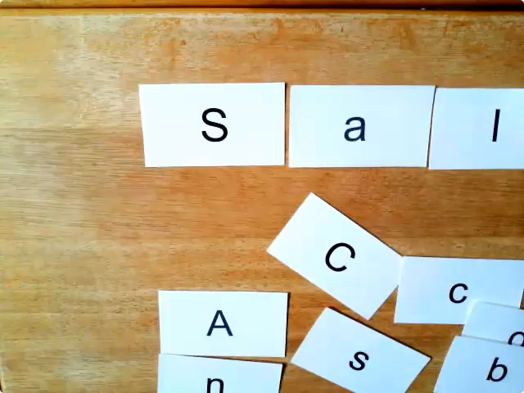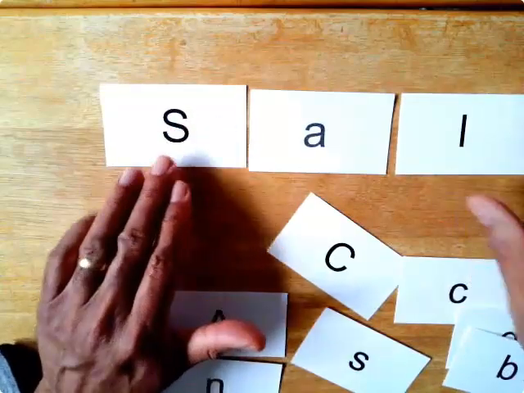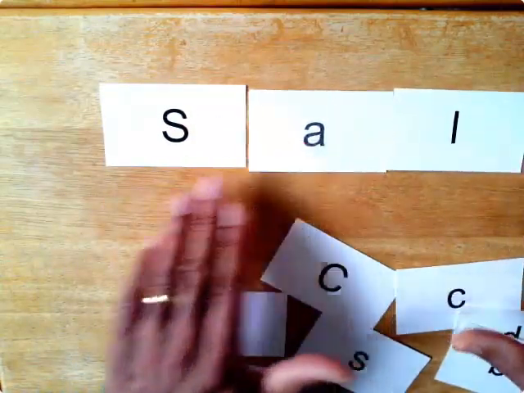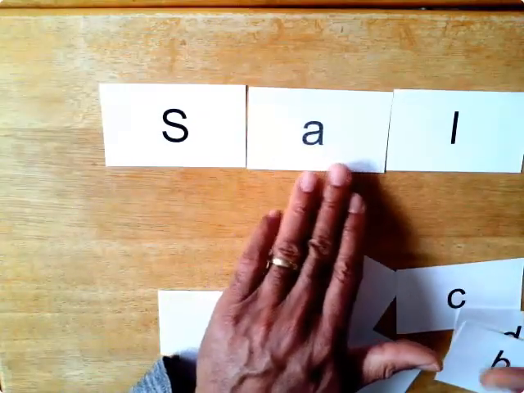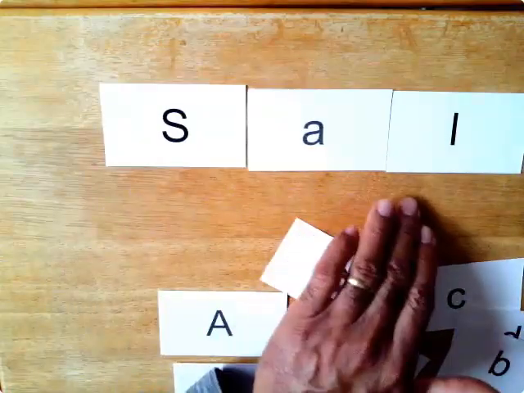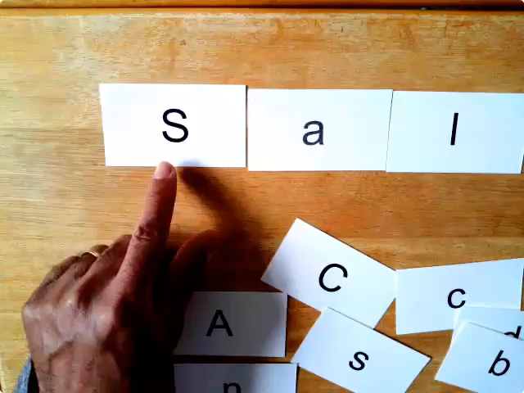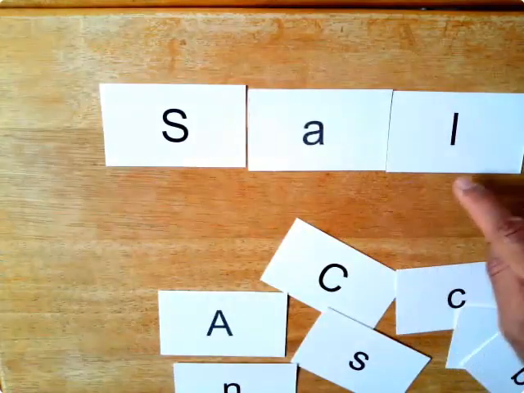O. Let me push it over here now so you can see. And what do I have? S, A, O. The name, Sal. Isn't that great? Sal. And I made Sal by adding a capital letter, which stands for S, A, O.